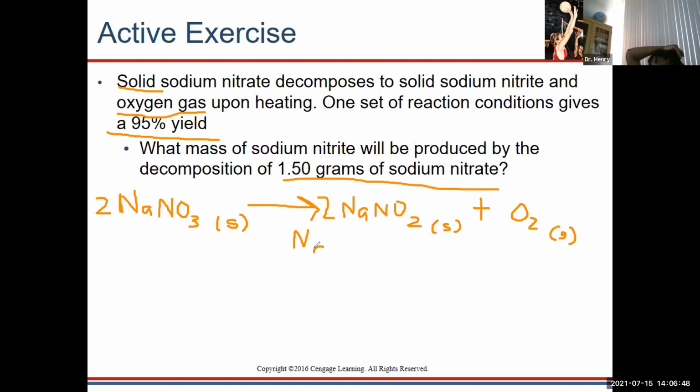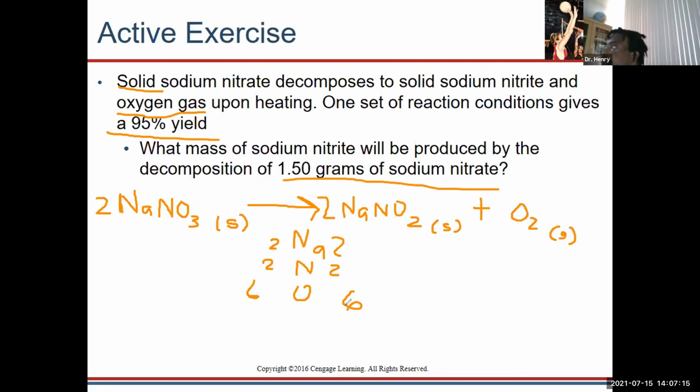Let's write it down. Na: I have 2 and 2. N's: 2 and 2. And then O's: I have 2 times 3 is 6, and then 4 plus 2 is 6. Okay, so now we have a balanced equation.